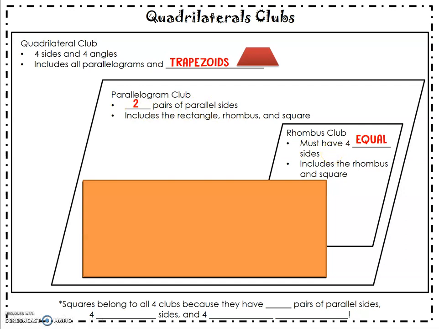In order to be called a rhombus, a shape must have four equal sides or four congruent sides. So that means all four of my sides would measure the exact same length.